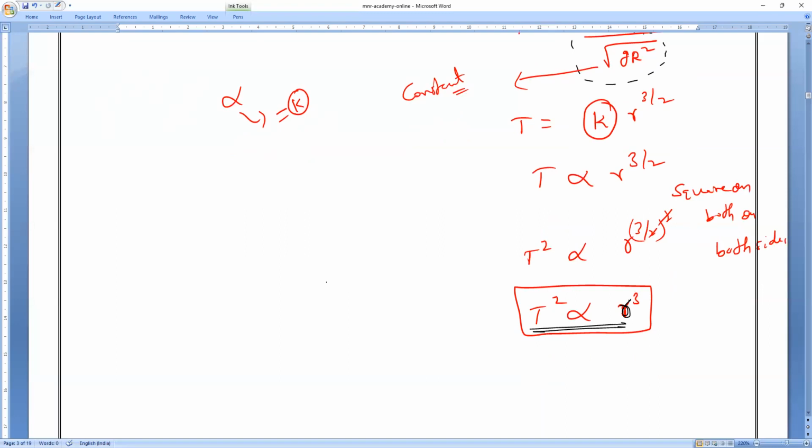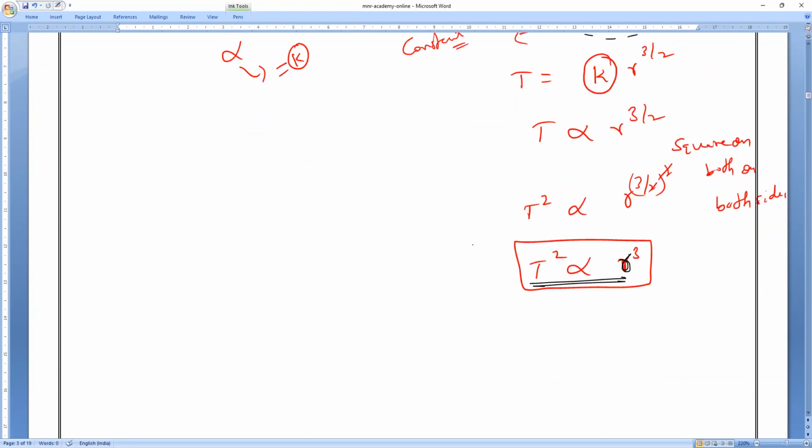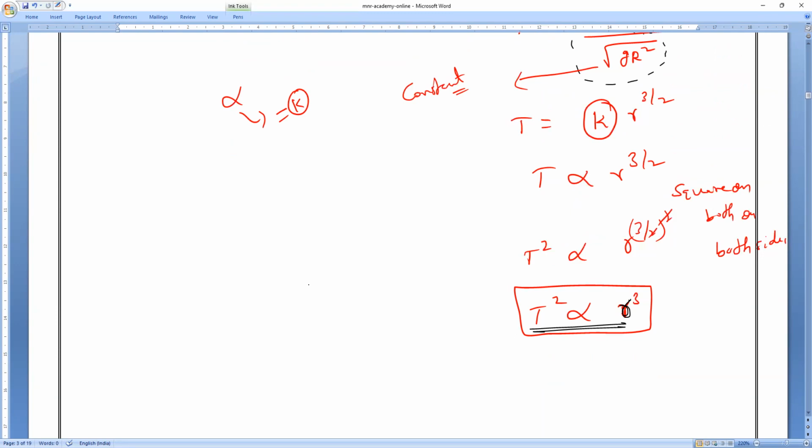So this is how the time period of a satellite is found. Now, how much is it if the satellite is very close to the Earth's surface? For example, if any satellite is at an altitude of R above the Earth's surface, where R means the radius of the Earth.